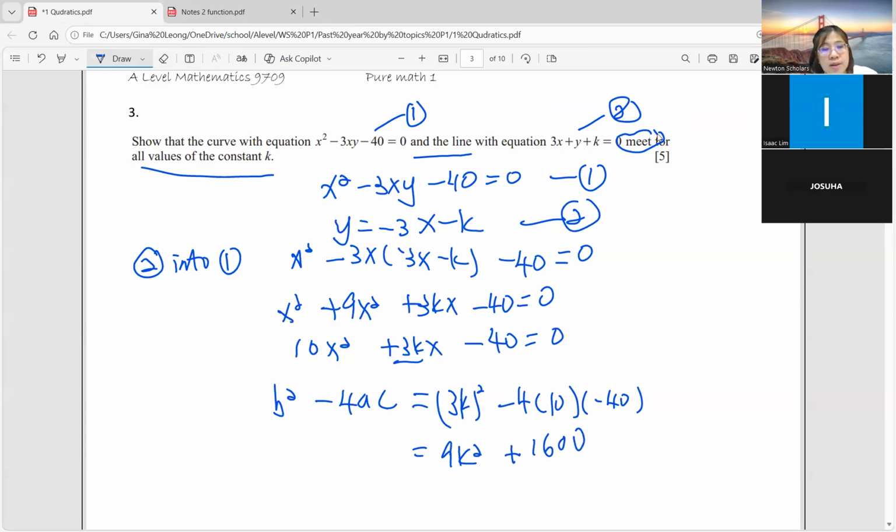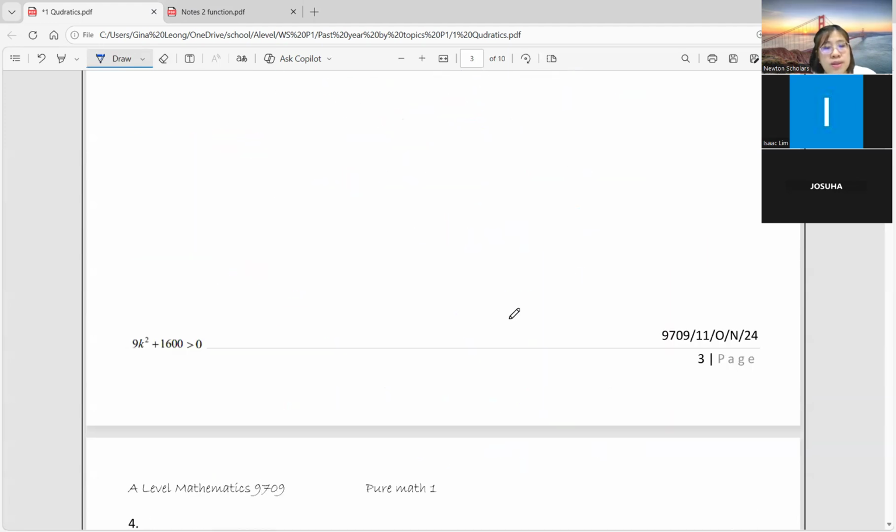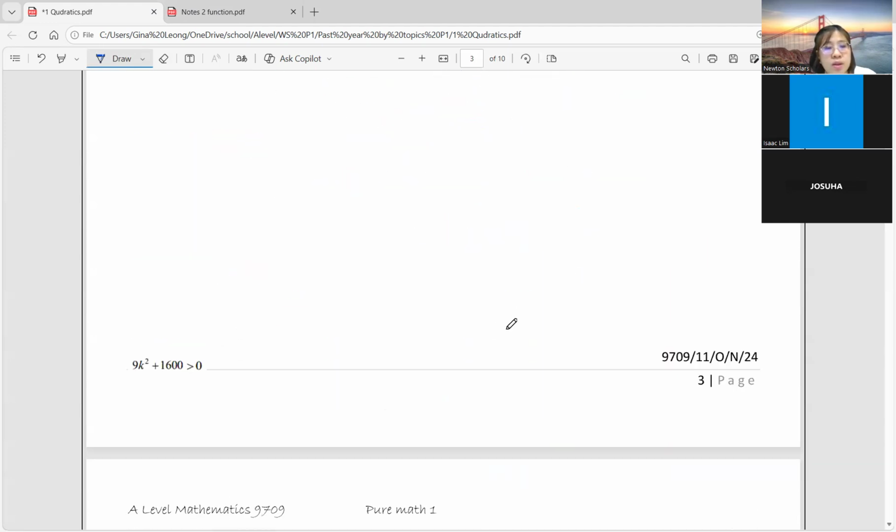For these cases, we know that because it said that meet for all value of constant A, whatever value, because here the k squared cannot be negative. K squared is always positive, because anything I put in, I will get positive. So from here, I can set that 9k squared plus 1,600 is more than 0. So this is the way to do it.